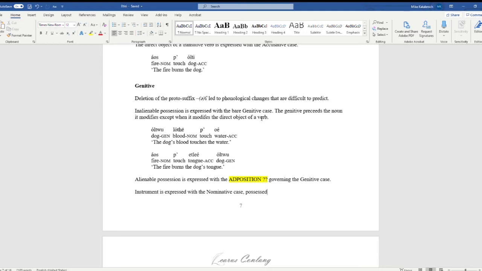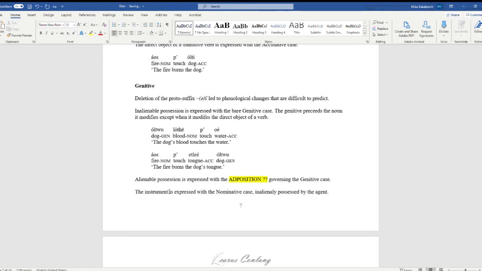Because you're the one doing the action, and so in this moment, it's inalienable possession. You couldn't be doing the action without it because it's doing the action with you, and so you're necessarily with it. So, inalienably possessed by the agent. Okay, instrument.